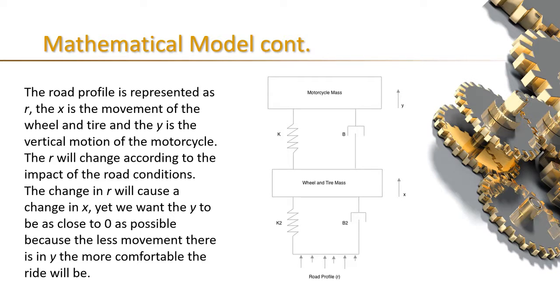The change in R will cause a change in X. Yet we want Y to be as close to 0 as possible, because the more movement in Y, the more uncomfortable the ride, even though it's probably impossible for Y to be 0 in a realistic situation. But we don't want as much movement in Y, basically, when it comes down to it.